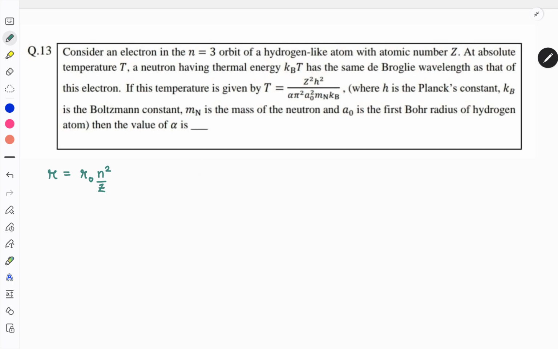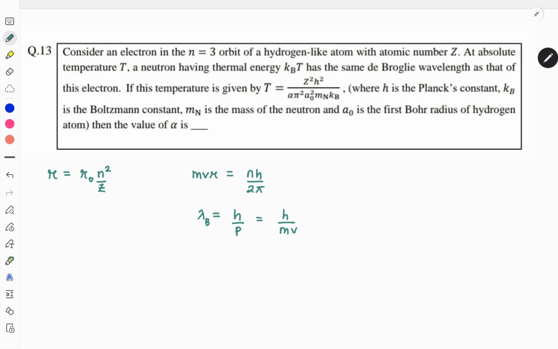Since we are considering an electron with n equal to 3, for an electron we can say that mvr is equal to nh upon 2 pi. In this case the de Broglie wavelength lambda is equal to h by p, or h upon mv.